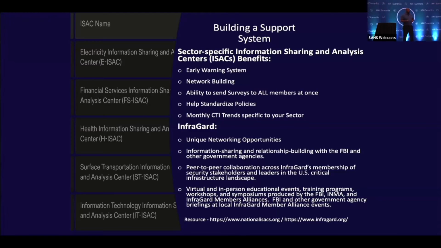They specifically talk about the FBI, but there are other agencies that give training workshops and information sharing programs. The first thing it gives is that unique ability to partner with the FBI and other government agencies. That in itself gives you a lot of benefits. Maybe you're able to jump a few hoops if an incident were ever to happen.